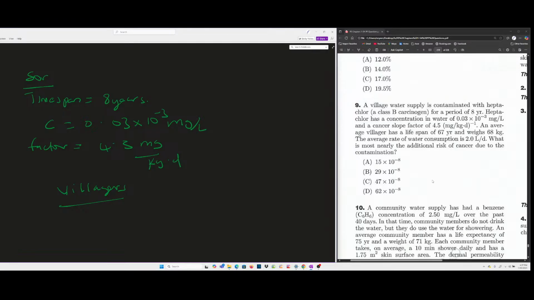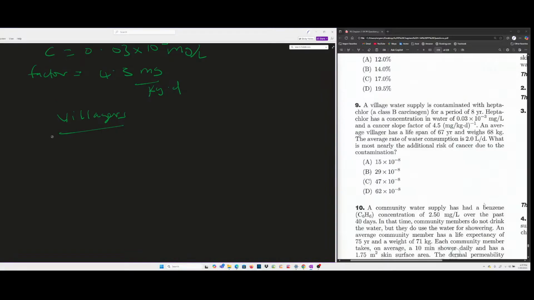So for the villages, we have the time average lifespan of the villages, which is 67 years. And we have the average weight of the villages, M or W, anyone you want to use, 60 kg is not going to change anything, 68 kg. And we have the average rate of consumption.